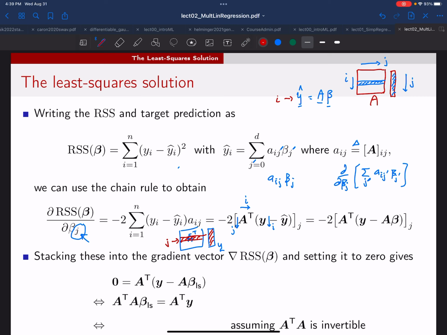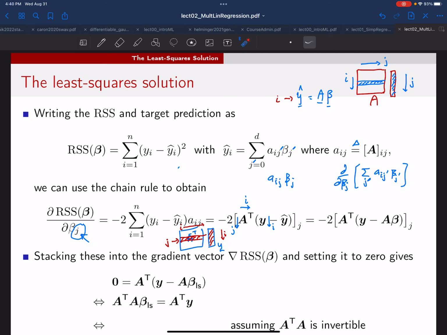So now I have this temporary variable i, which goes across the columns, comes down this way, and I can write that using this sum here on the left. I have the first one times the first one plus the second times the second, and so on. I'm just using i to index what's first and what's second, and so on. So this is where I get A_ij being those elements, and y_i, or y_i hat, being those elements. So this is how we move between the sum representation and the vector matrix representation.